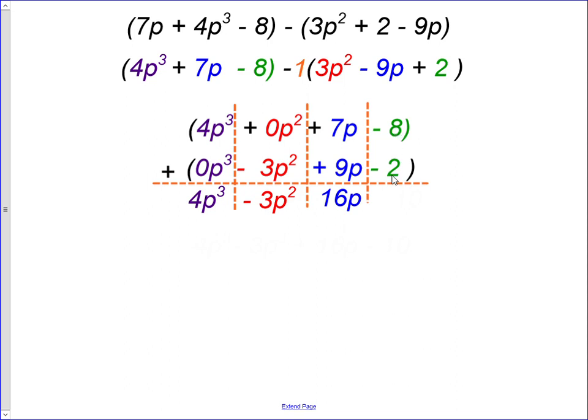And negative 8 plus negative 2 would be negative 10. Our result would be 4p to the third power minus 3p to the second power plus 16p minus 10.